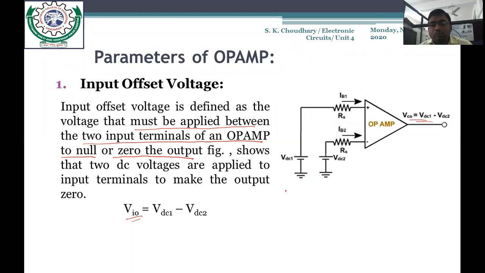In some books they have used VOS also as an offset voltage. You can use either of the notations. That is equal to input voltage at the non-inverting terminal minus input voltage at the inverting terminal. Okay, this is called the input offset voltage. It is a very important parameter.